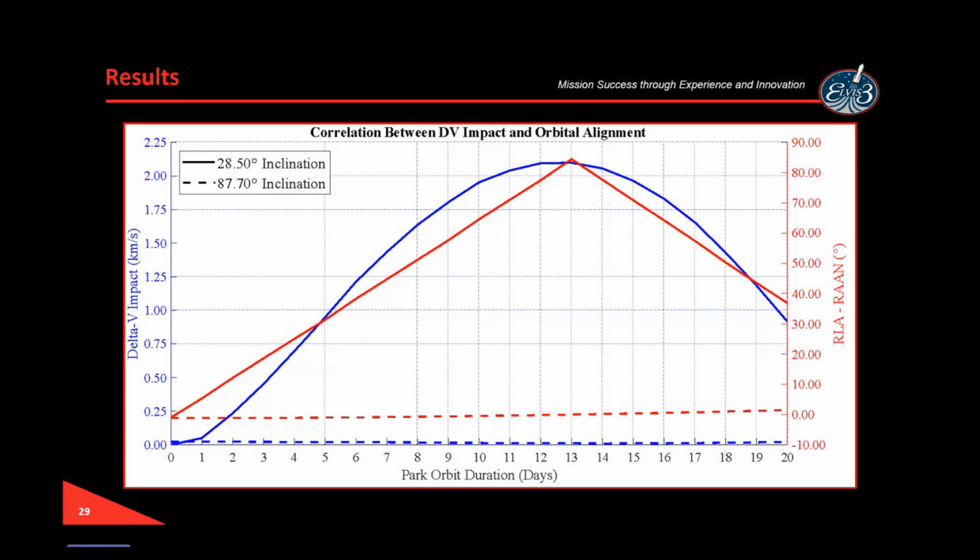Again, it's about 20 meters per second. And then if we look at that orbital alignment metric, for the polar case, we're hovering above and below 0. That tells us that we're able to maintain alignment between the plane and the targets throughout the duration here. So success, that's good.